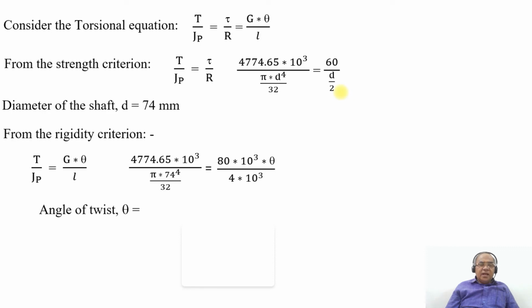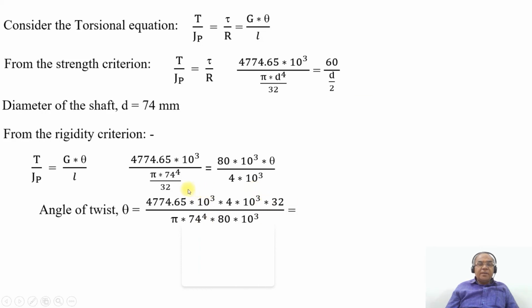Therefore, the angle of twist theta will be equal to 4774.65 into 10 to the power of 3 into 4 into 10 to the power of 3 into 32 divided by pi into 74 to the power of 4 into 80 into 10 to the power of 3. On simplification, you will get 0.0811 radians.